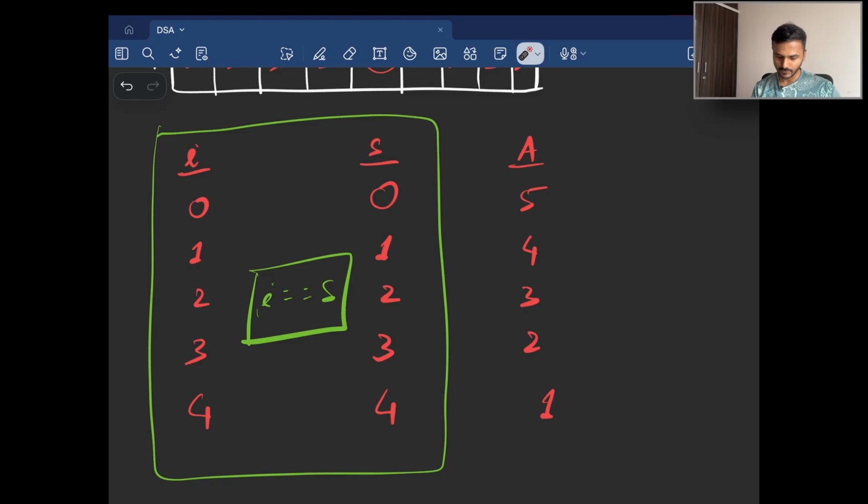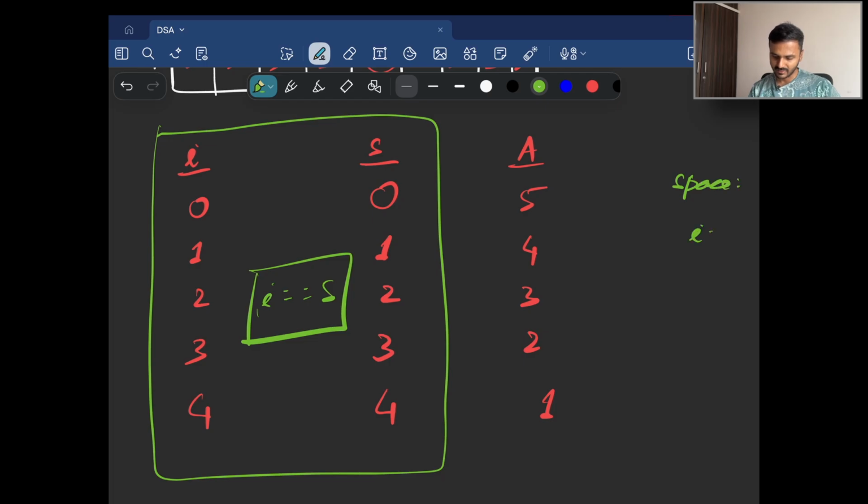So for space, the relation is I equal to S.